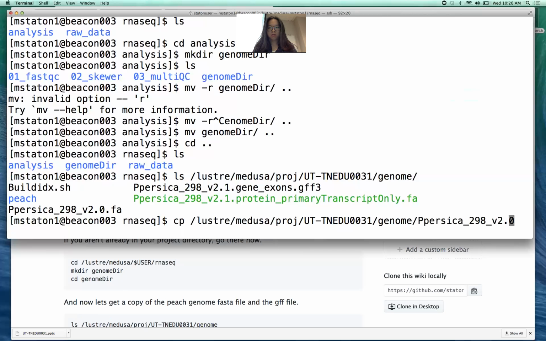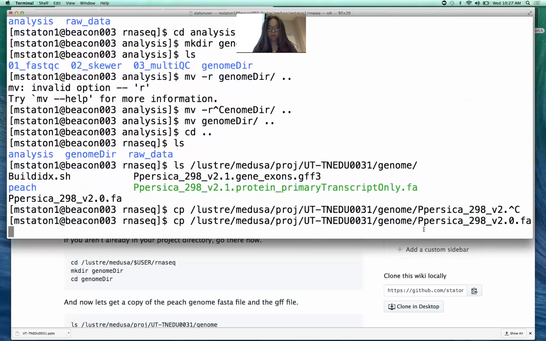If you need to, press Control-C and start over. So we are copying this file into our genome directory.